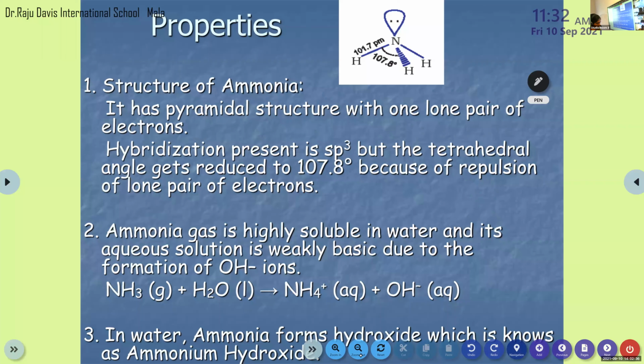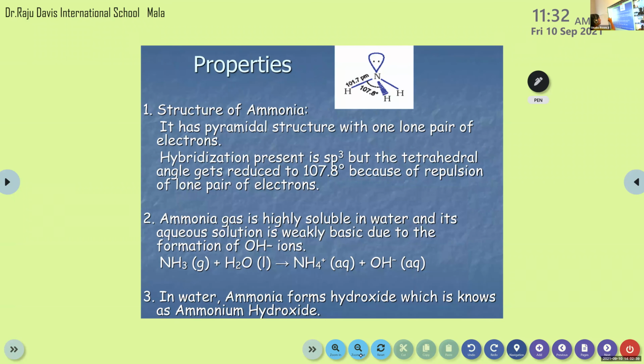Properties of ammonia. This ammonia is a colorless gas with a pungent smell. What is a pungent smell? We can't tolerate that. During laboratory experiments, there are some techniques to identify salts using the smell.